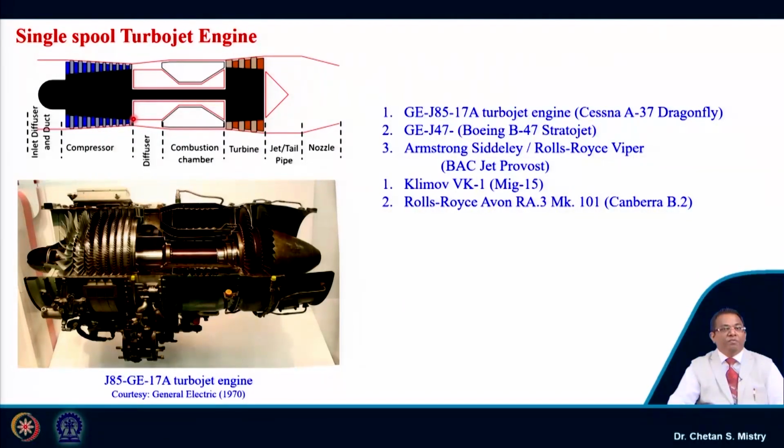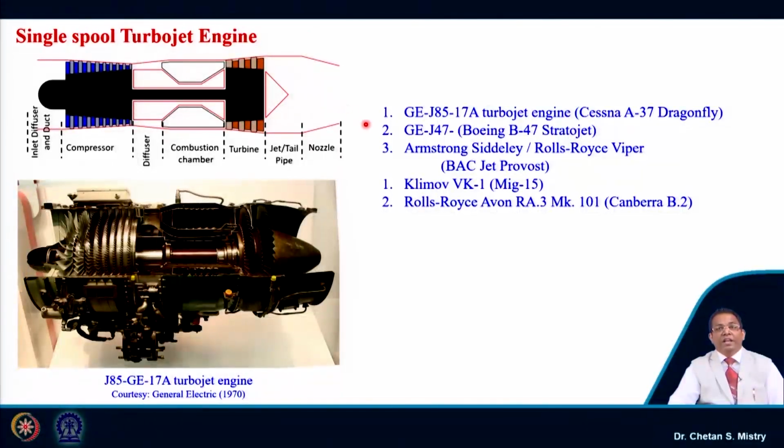We have the diffuser that is used to decelerate the flow before entering the combustion chamber. We have the turbine that generates the power to rotate the compressor. In order to connect the nozzle and turbine section, we have the jet pipe or tailpipe, and the last component is my nozzle.